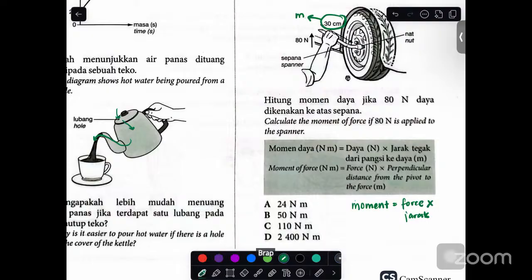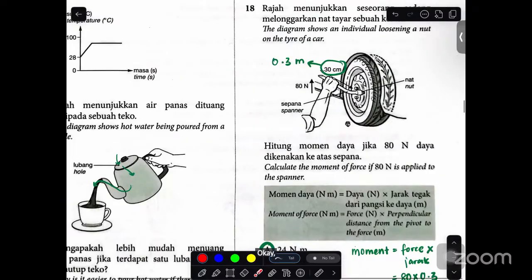Berapa meter? 0.3. Then you calculate. 80 darab with 0.3. 24 Newton meter. Okay, tukar dulu.